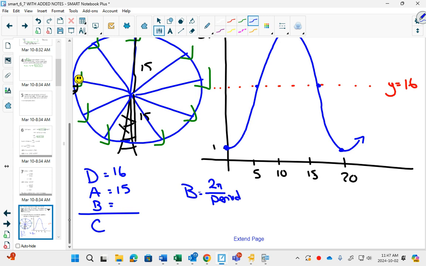And we can see from the graph that our period is 20, so our B value is going to be 2 pi divided by 20. And you could reduce that to pi over 10, but I kind of like it as 2 pi over 20, because then the period shows up in my formula. So you don't have to reduce that fraction, but you can if you want to.